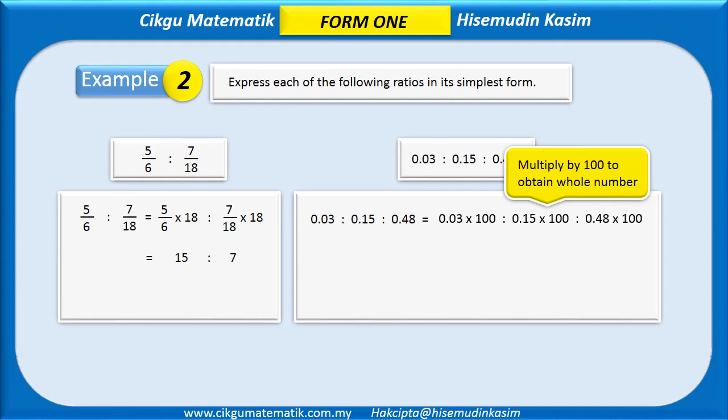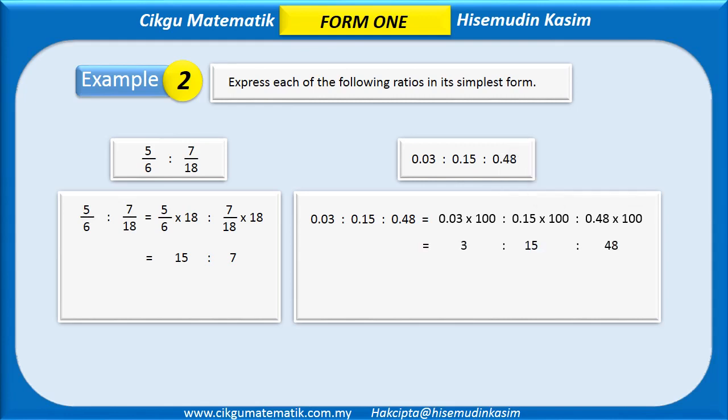Multiply by 100 to obtain whole numbers, equal to the ratio of 3 to 15 to 48.